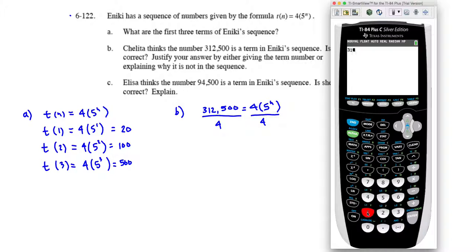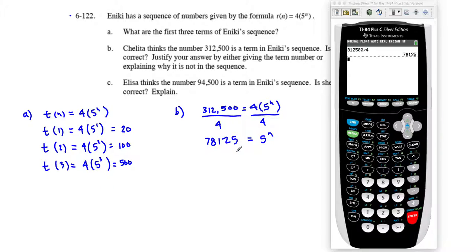Trying to be efficient right now so I can go get ready for school. So divided by 4, we have 78,125. And that's going to equal 5 to the power of n.